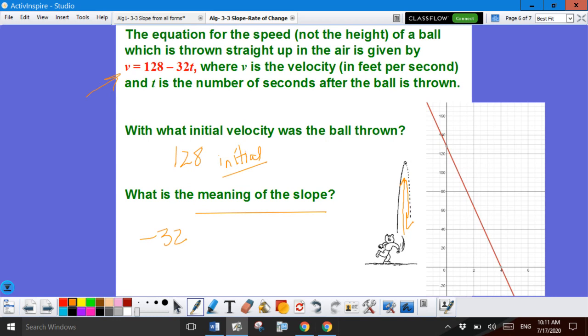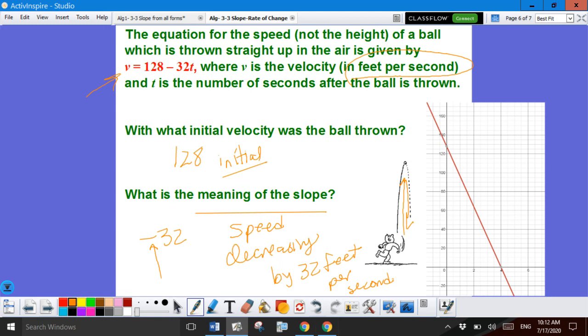If you thought about your units and you realized we're talking feet per second, and this is down, that means that the speed is decreasing by 32 feet per second.